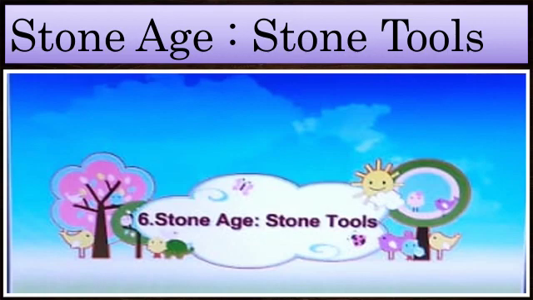And the period of Stone Age lasted roughly for 3.4 million years and it ended between 8700 to 2000 before Common Era with the advent of metalworking.